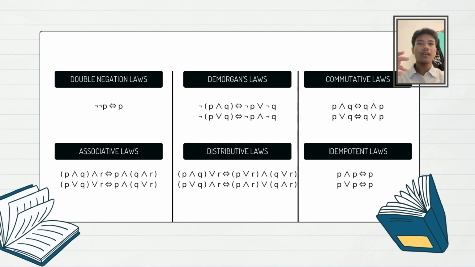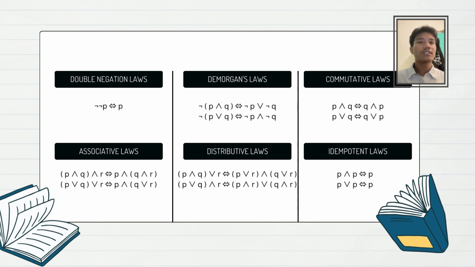P and Q and R will be P and Q and R, but the Q and R in the bracket. Then P or Q or R will be P or Q or R, but the Q or R is in the bracket.